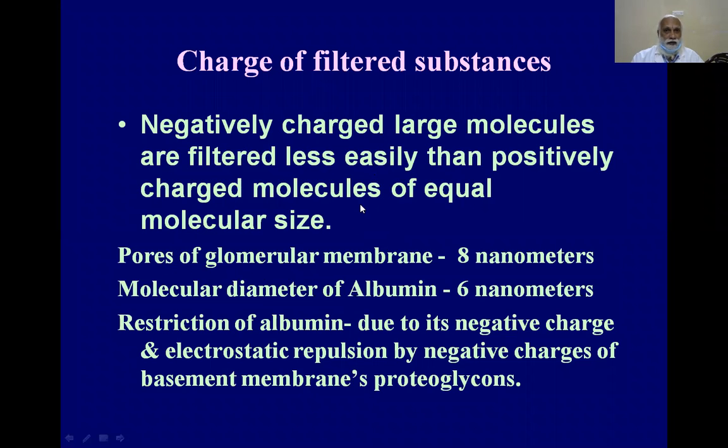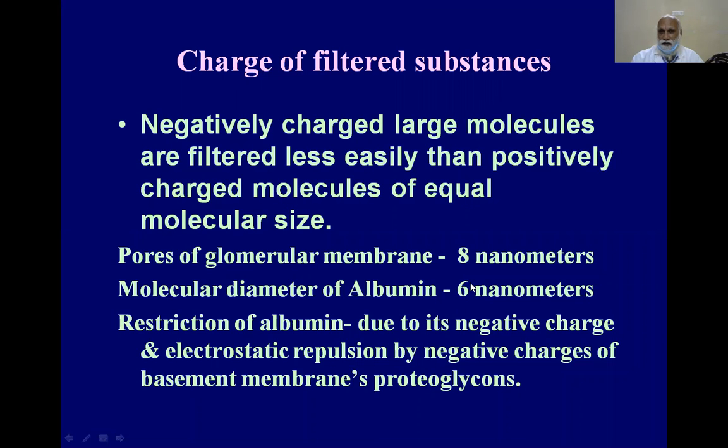And this one is charge, as we said. The pore size of the glomerular membrane is usually about 8 nanometers. Albumin's size is about 6 nanometers. That means the molecular size is smaller than the pores, so it should come out.